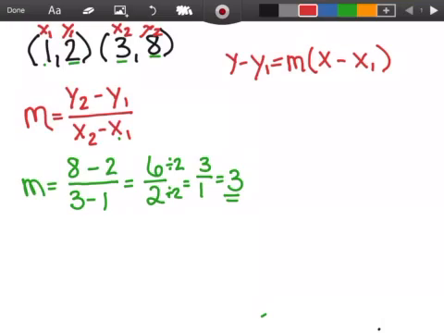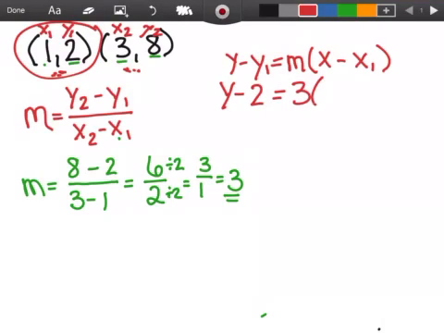Okay, so you are going to pick either one of these points up here. I don't care which one you pick. It doesn't matter. You're going to get the same exact answer. I always look at them and pick the numbers that are easiest for me. So I'm going to pick 1, 2. So y stays the same. Minus y1 is 2. Throw in that new slope of 3. That x would stay the same because it's a plain x, minus your 1.